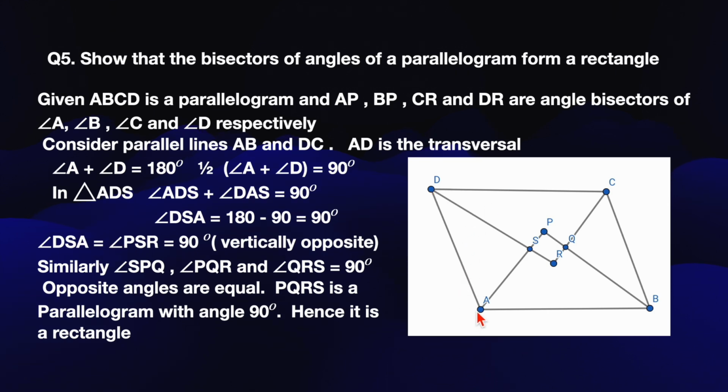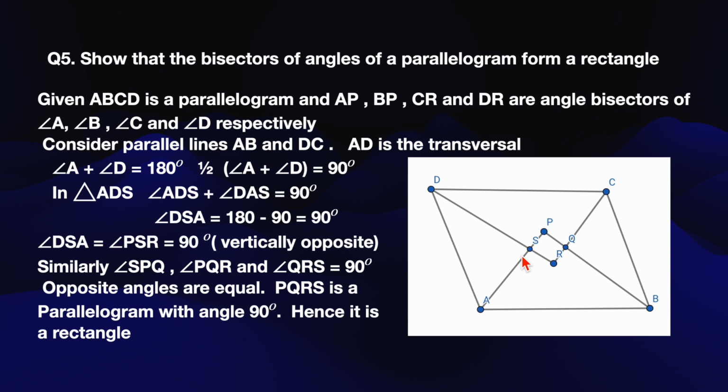These are two parallel lines and we know that angle D plus angle A is equal to 180 degrees. So if we divide both the sides by 2, we get half of angle D plus half of angle A is equal to 90 degrees. What is half of angle D? It is this angle ADS. This angle plus DAS is equal to 90 degrees.